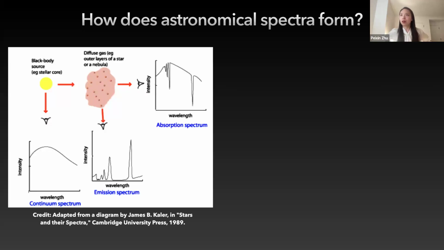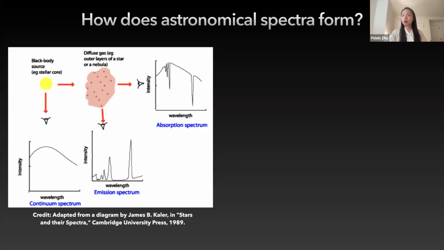This is a very simple toy model, as shown in the yellow circles over there. Let's assume there is a source emitting black body radiation at first. A black body source has a fixed temperature, and the spectrum shape emitted by the black body source is just as predicted by the black body radiation formula.